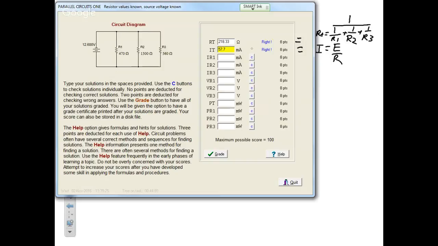So what formulas do we need to use to calculate the individual current across IR1? The same one.